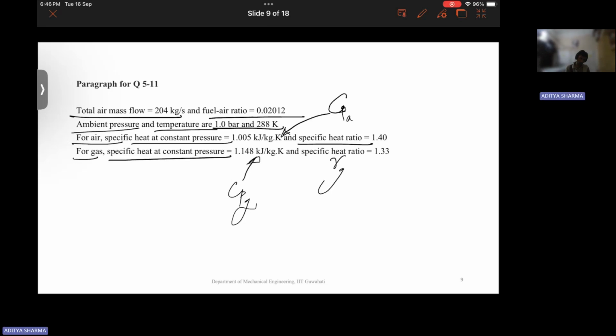This is gamma for gas. This is gamma for air. This information is given to us. Based on this, we will solve questions now. But before that, we will write down what is given to us, and also draw one schematic so that for each step we have numbering.